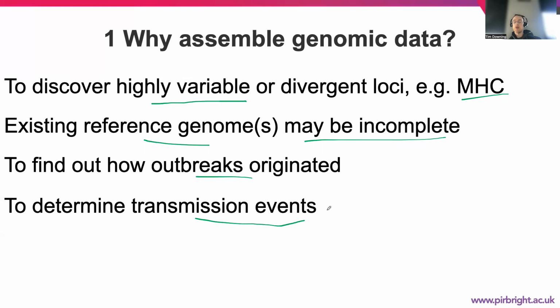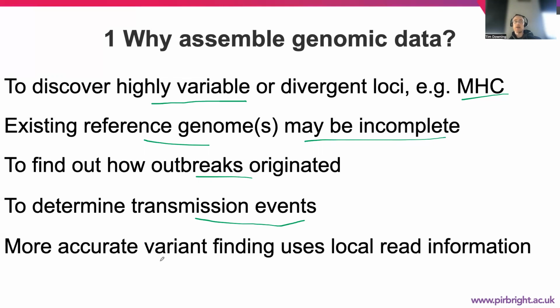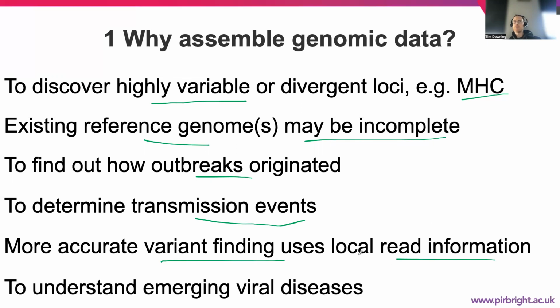And we know that we can ascertain mutations more effectively if we use all the information available in reads, and there's quite a lot. We also want to have this key focus to understand emerging diseases from the host, vector, and pathogen perspective.